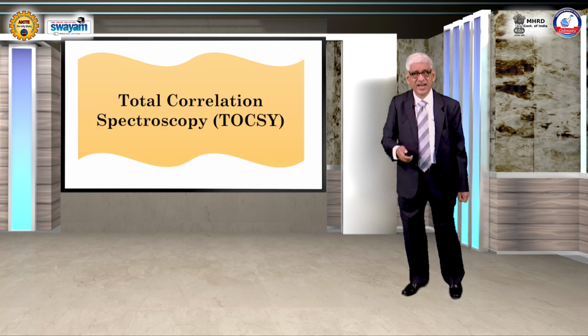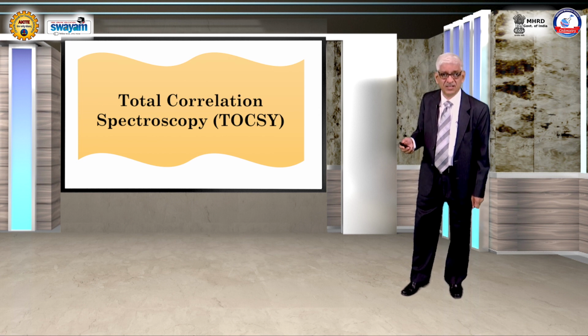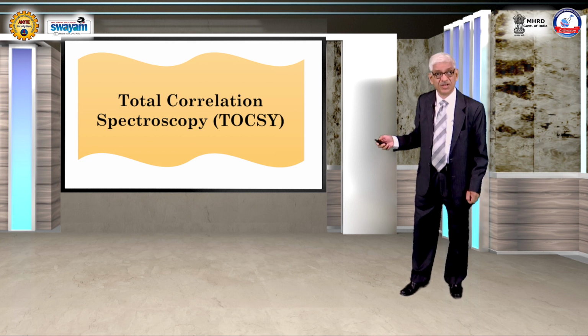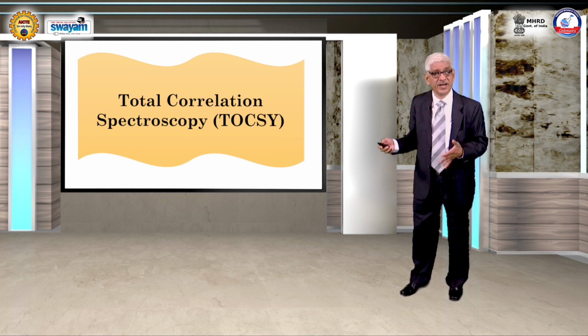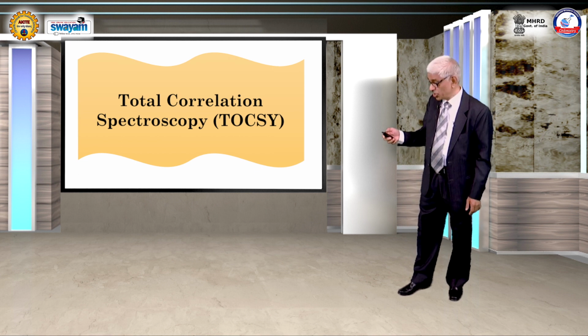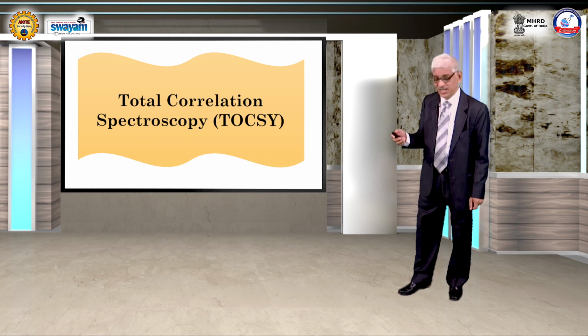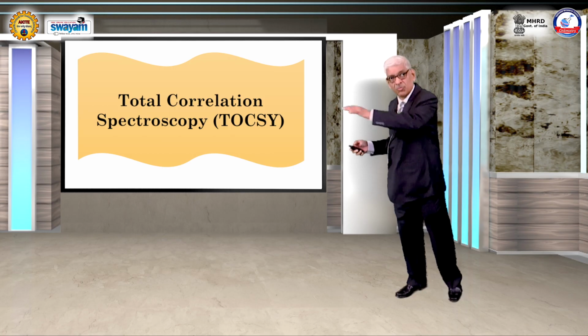So likewise, a large number of developments have happened, and they have revolutionized the applications of NMR in chemistry. It has become possible to work with a large number of very complex molecules. Here is another illustration of an experiment called TOCSY. This relays information from one spin to another spin in your molecule.